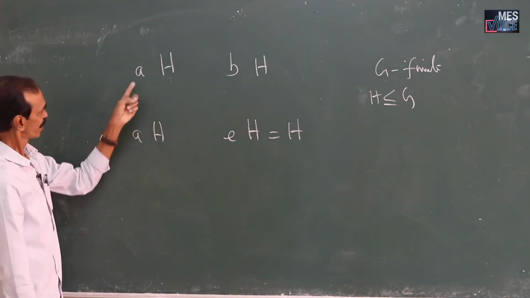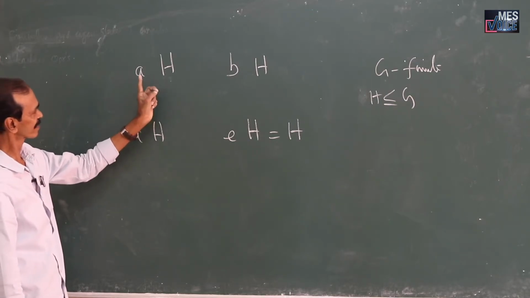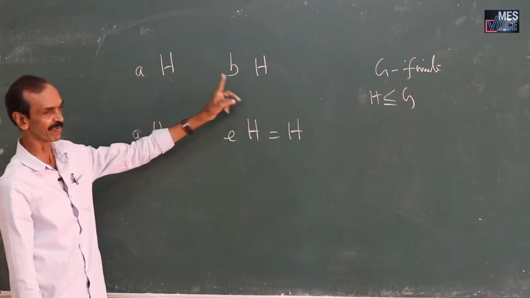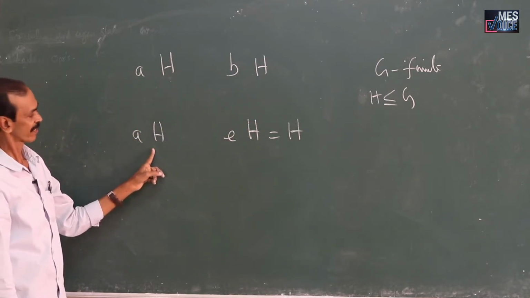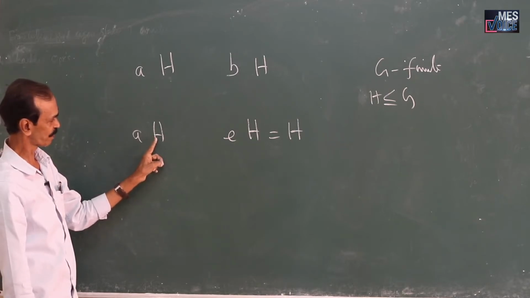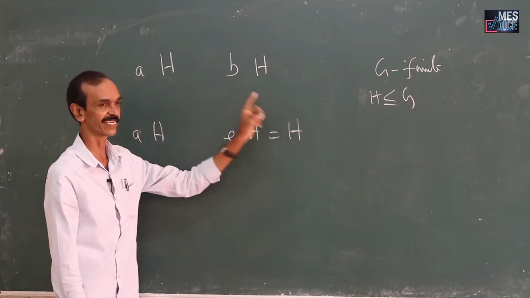So, in order to establish an equivalence between AH and BH, I will find a one-to-one correspondence between AH and EH, or AH and H itself.